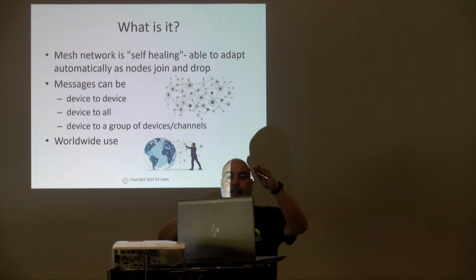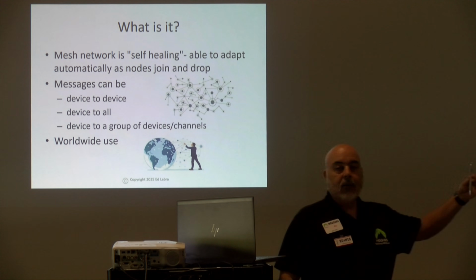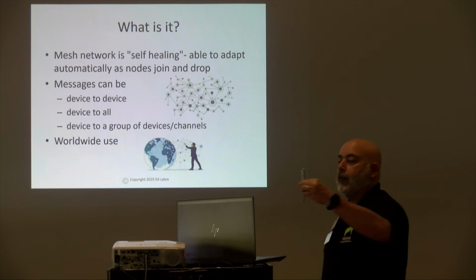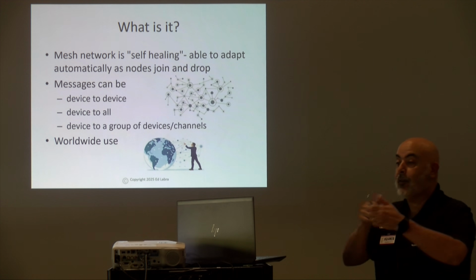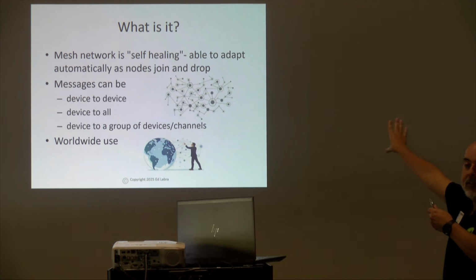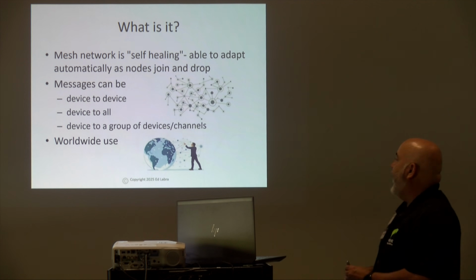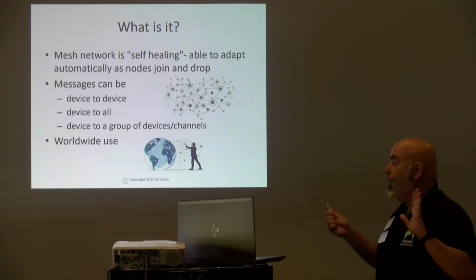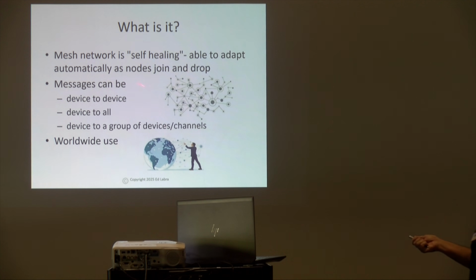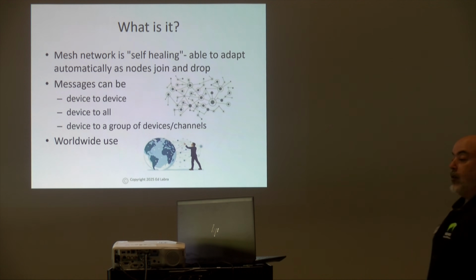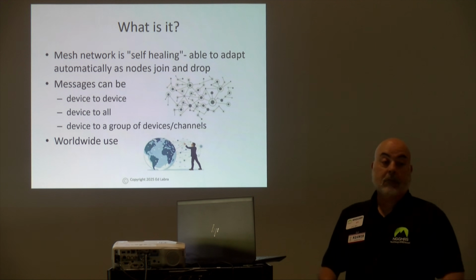It will do that. It's self-healing. Every once in a while, you'll see a node, and it's somebody in a car driving by, and you can see him, you can talk to him, and then all of a sudden he's gone. So that's the beauty of Meshtastic, that it is not rigid. It is self-healing. And if a node goes down, if a node runs out of power, fine, I'll just find another route.